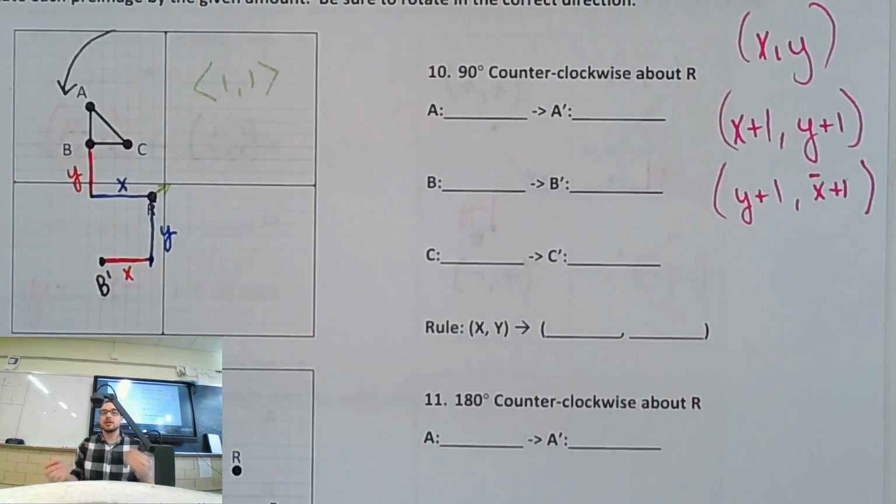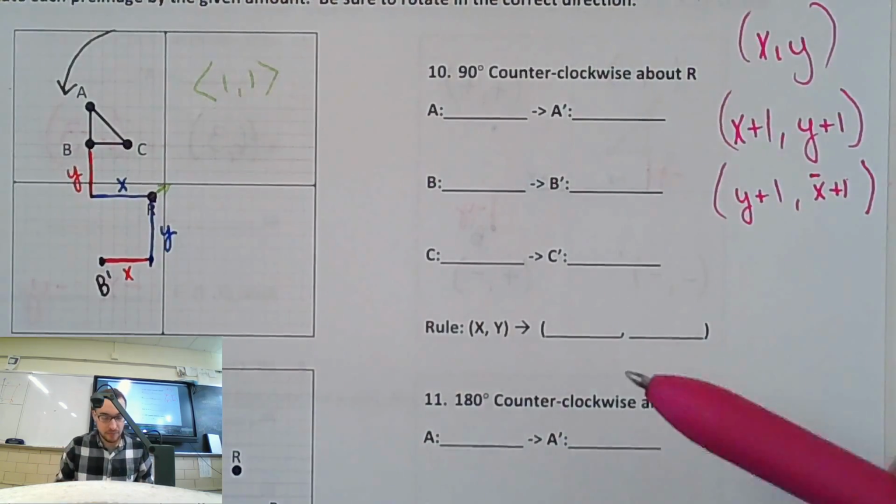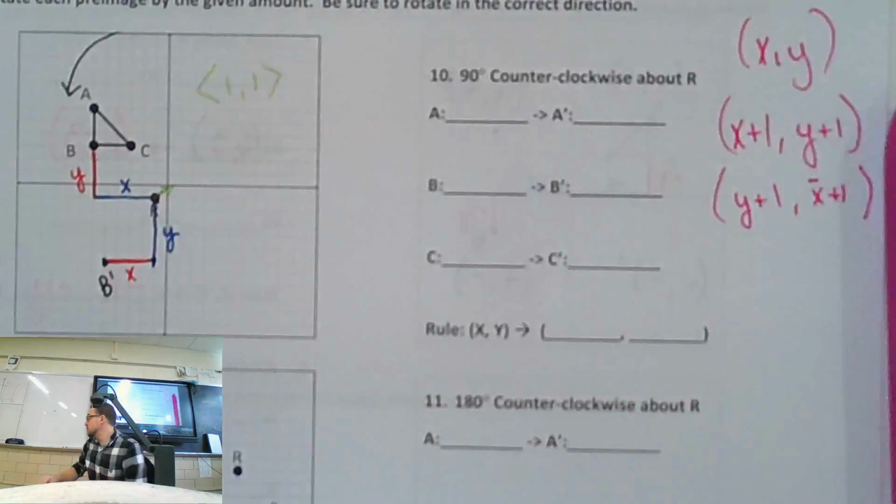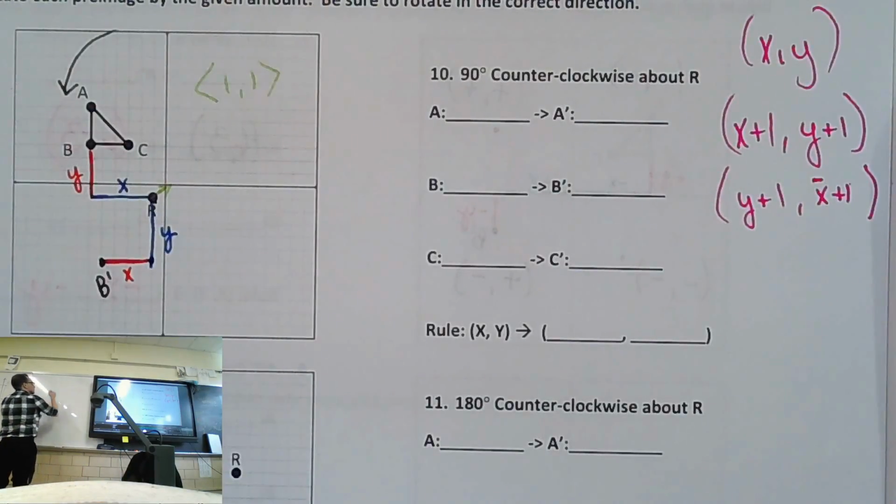Now we need to negate something. Check it out. When I go from this quadrant down to this quadrant, this is negative, positive. This is double negative. Second one changes.